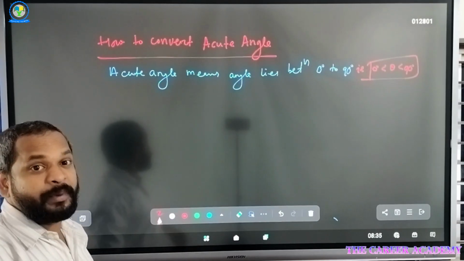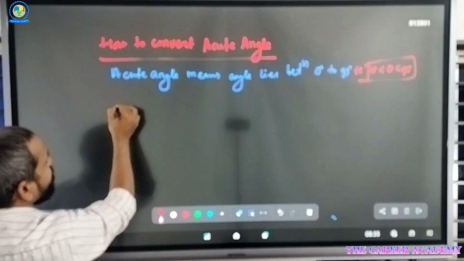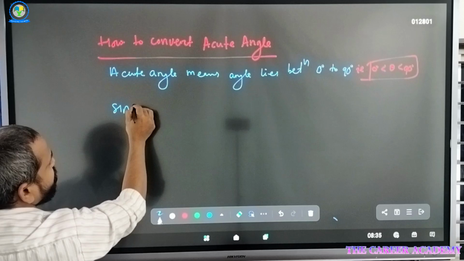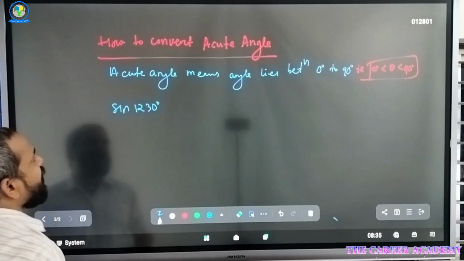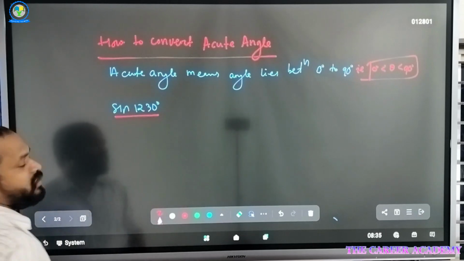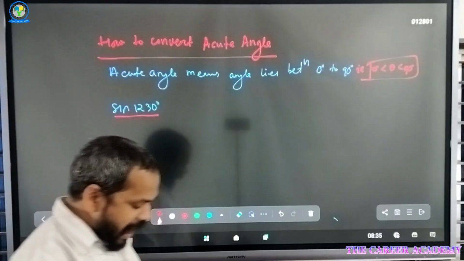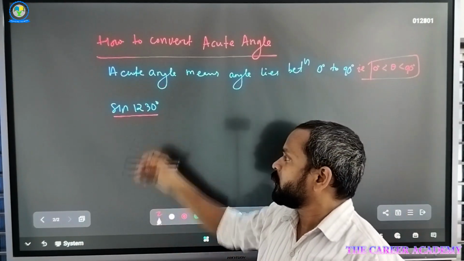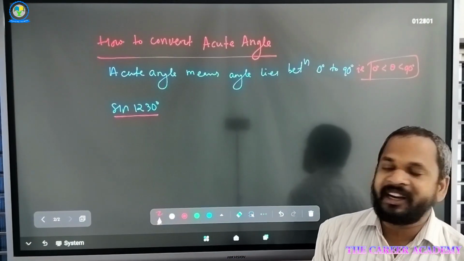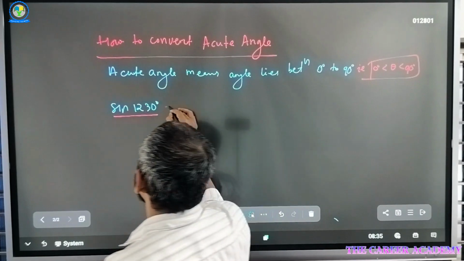Suppose we have a big angle. Big angle means suppose you think sin 1230 degree. See, is it a big angle or not? How can I convert sin 1230 degree into an acute angle?